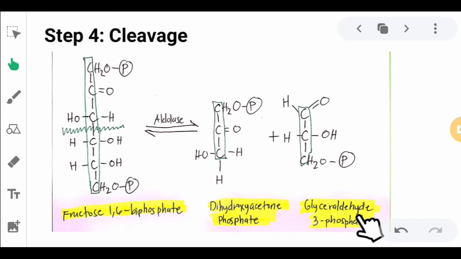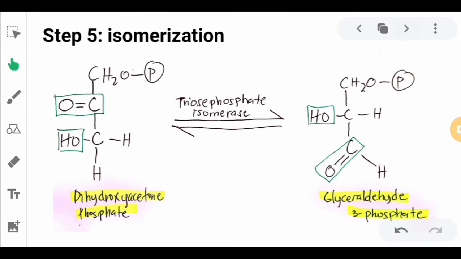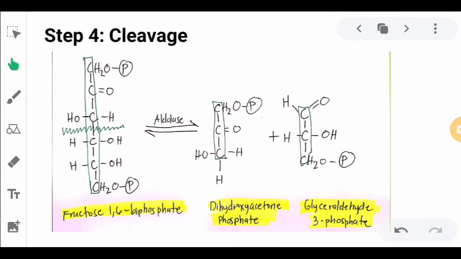So, what will happen next? The dihydroxyacetone phosphate, we have to convert into glyceraldehyde 3-phosphate, which will then undergo step 6. So for the dihydroxyacetone phosphate here, we have to proceed to step 5. Step 5 is all about isomerization, since glycolysis requires glyceraldehyde 3-phosphate.